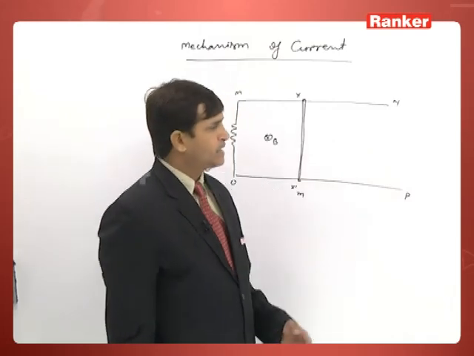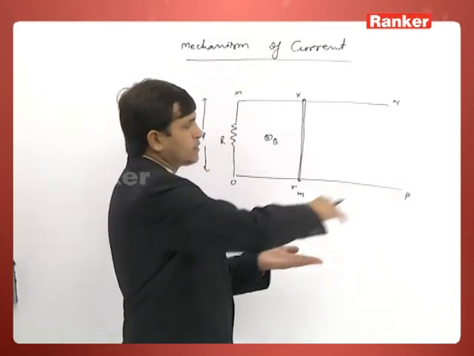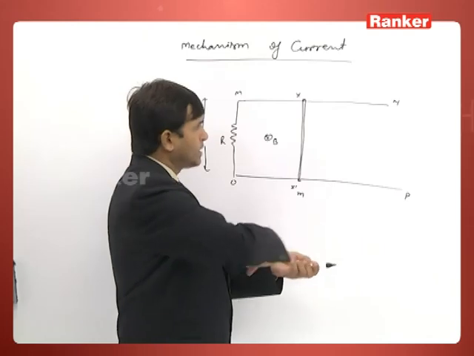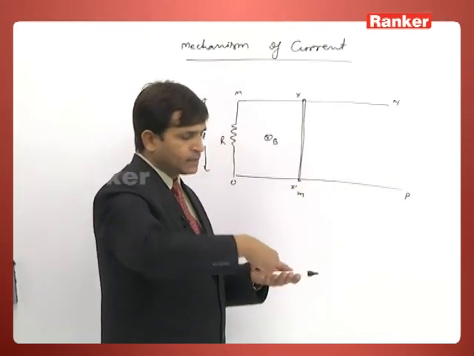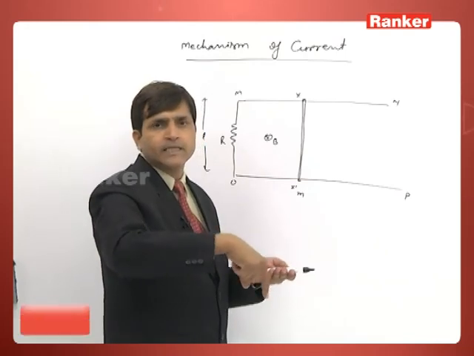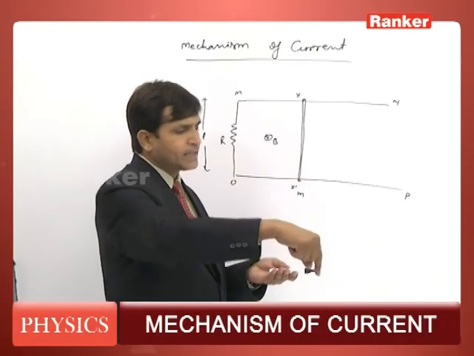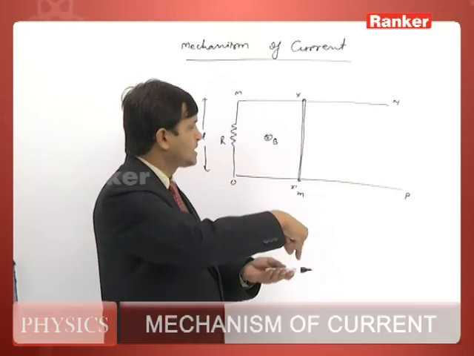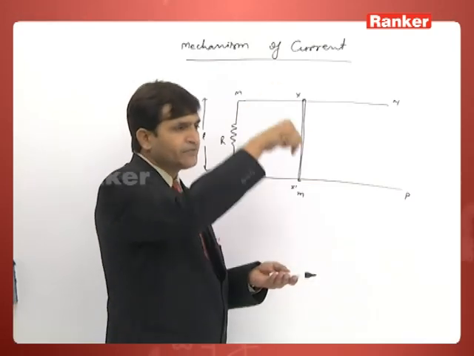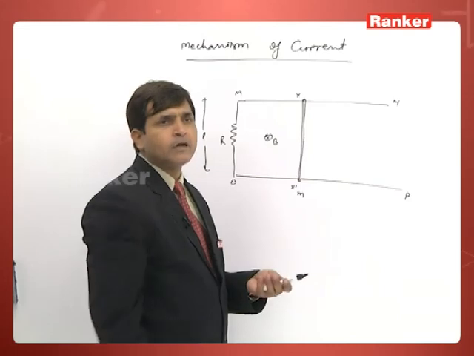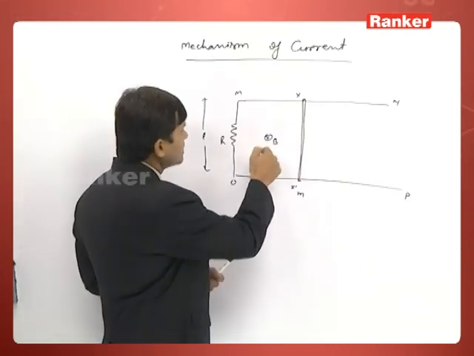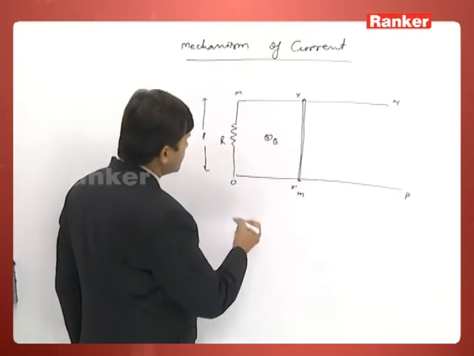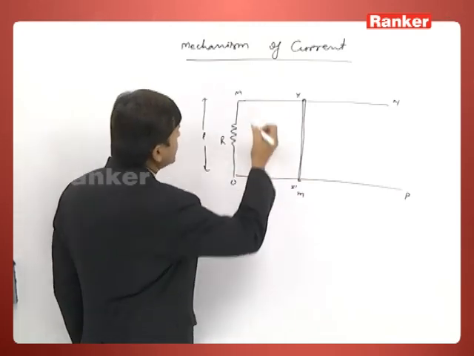So it is just like this horizontal system. This is one rail MN, this is the other rail, and the ends of the rails are short circuited by resistance R, and the conductor x dash is like this. The magnetic field is directed inward into the plane, and the whole system is in a horizontal plane.